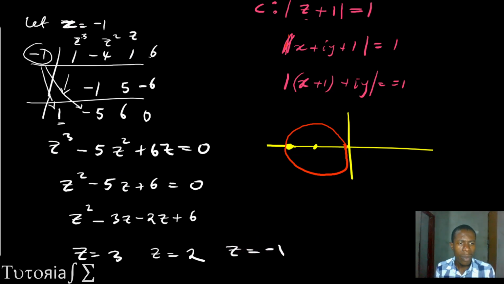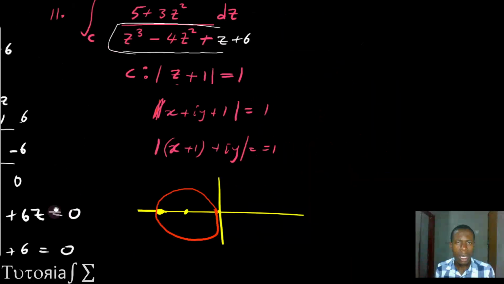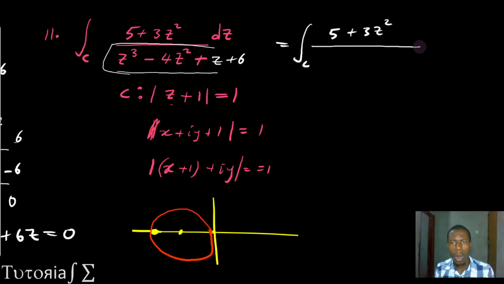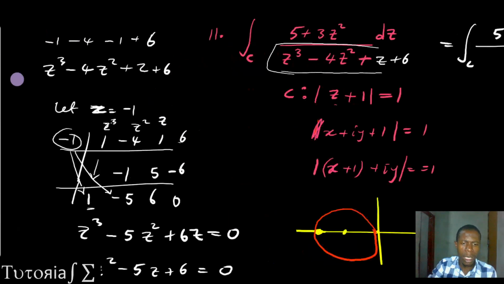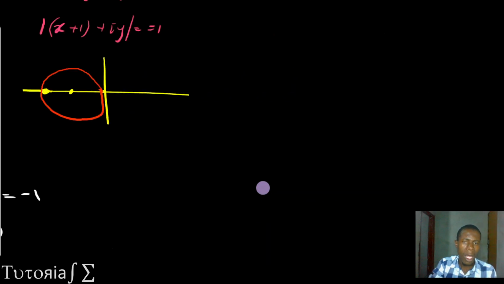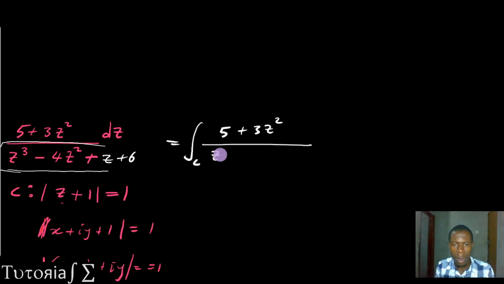So now this integral here can be written as the integral over C of 5 plus 3z squared all over z times z minus 2 times z minus 3.